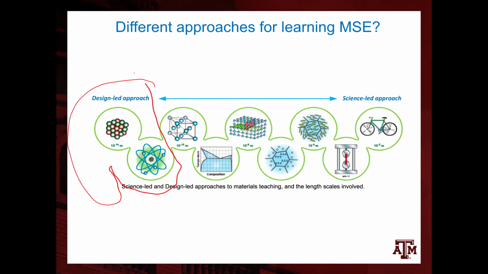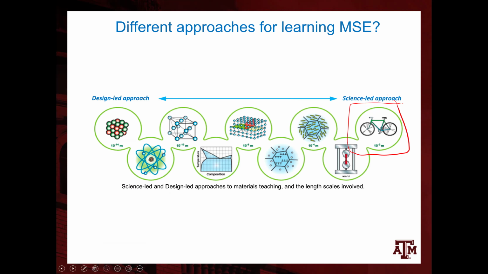Basically an atoms-first approach, and look at how the composition of the material would affect its structure, initially from the crystal structure all the way to the micron scale structure, and then eventually to the device or the equipment that we have in mind.